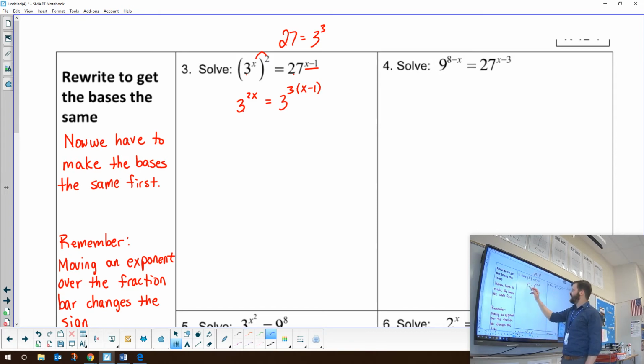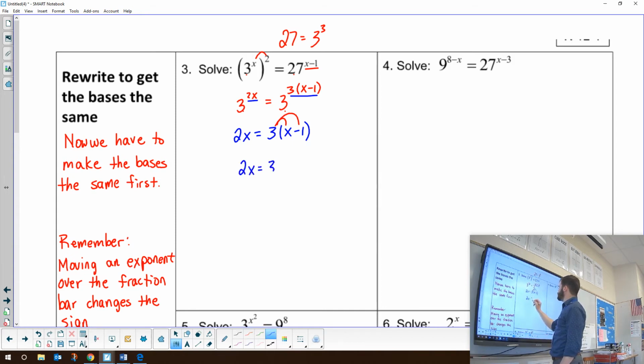So now I have the same base, so I can take my two exponents and set them equal to each other. I can go 2x equals 3 times x minus 1. So we're going to distribute my 3 times x, 3 times negative 1, and I'm going to get 2x equals 3x minus 3.